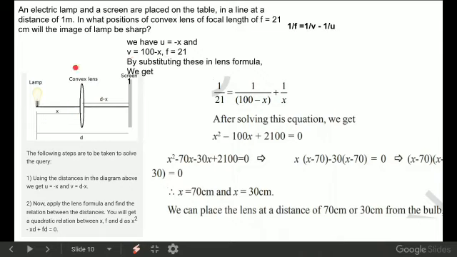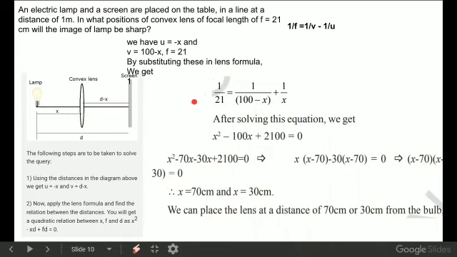We use the lens formula 1 by f equals 1 by v minus 1 by u. The f value here is 21 centimeters and the image distance is d minus x. Since d is 1 meter, taking it in centimeters, it is 100 centimeters minus x, and the object distance value is x, and just now I told you that we should take this x negative.